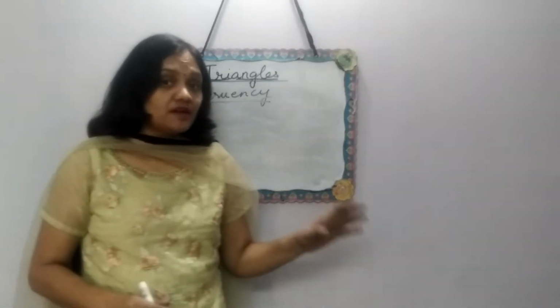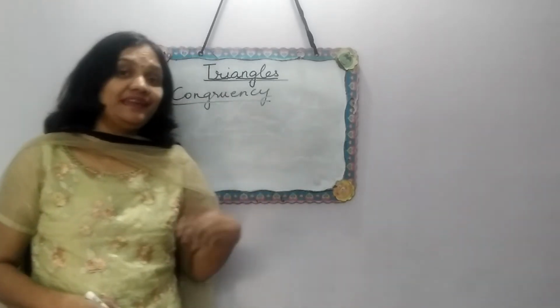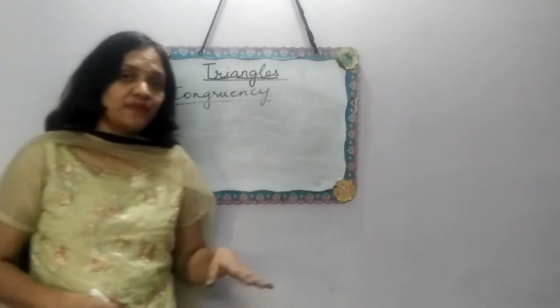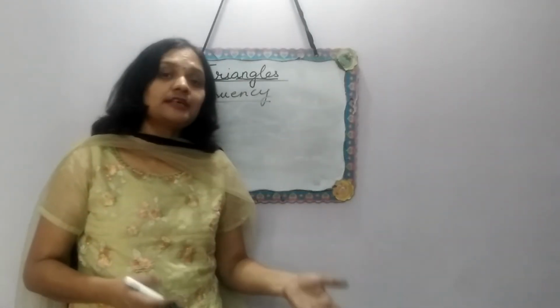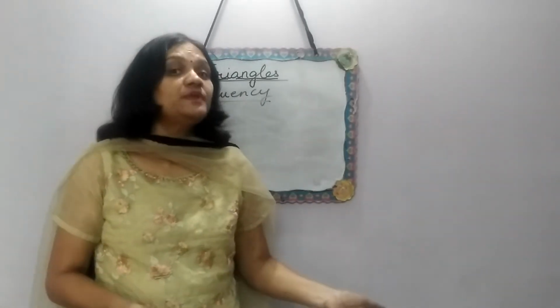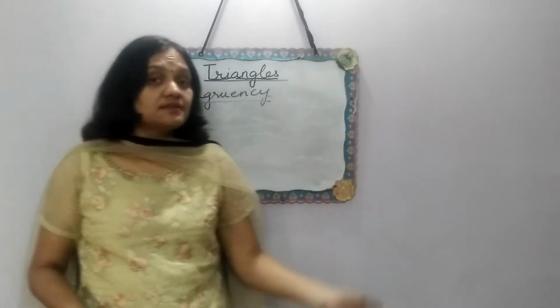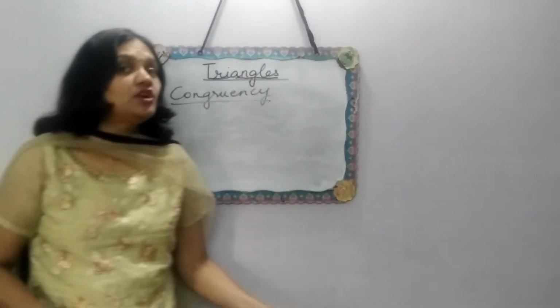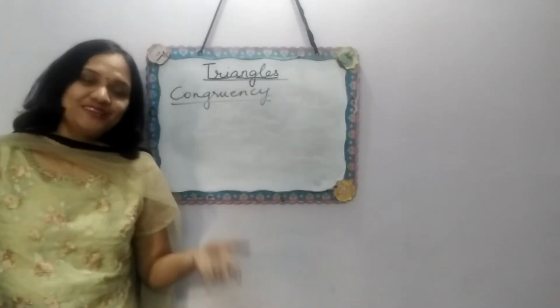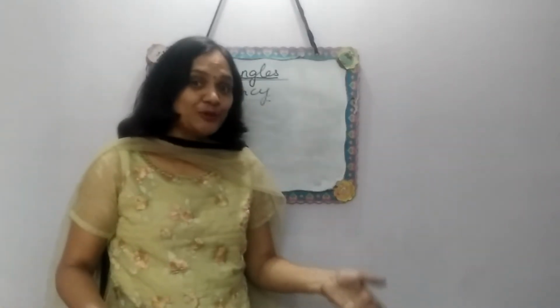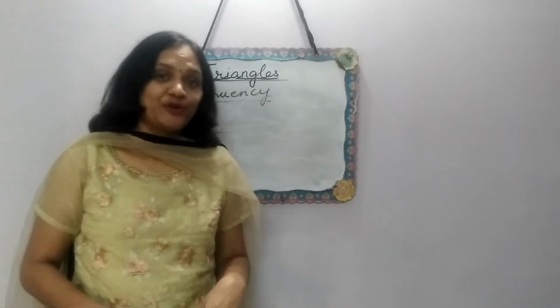So if two figures are congruent, their area will also be the same. Vice versa, the converse is not true. If two figures are equal in area, they may not be congruent to each other. A circle and a triangle may be equal in area, but a circle and a triangle are totally two different shapes, and so they can never be congruent.